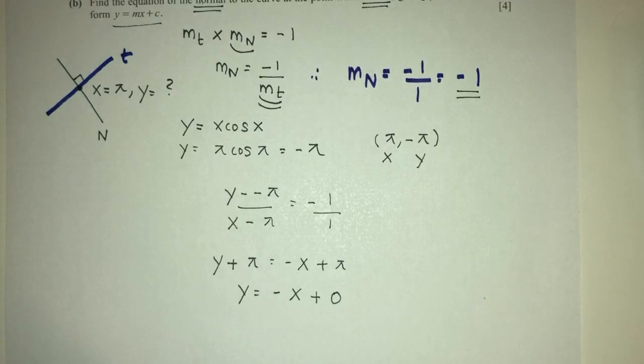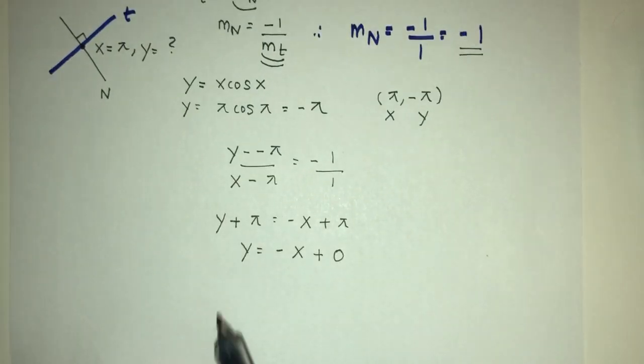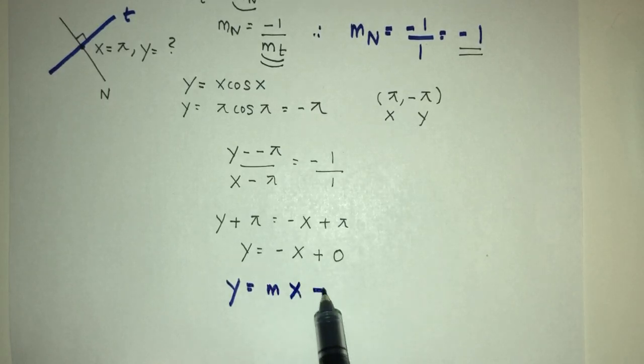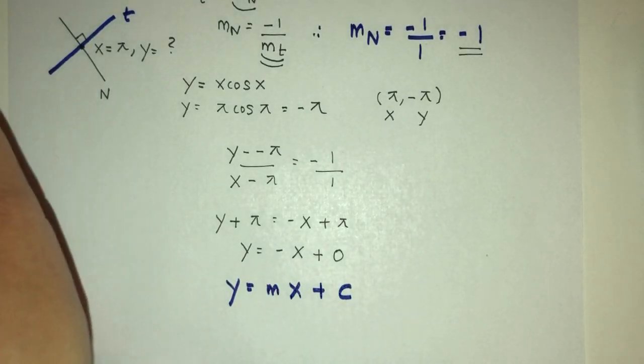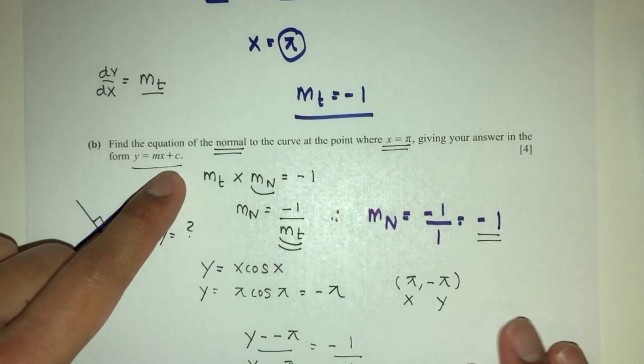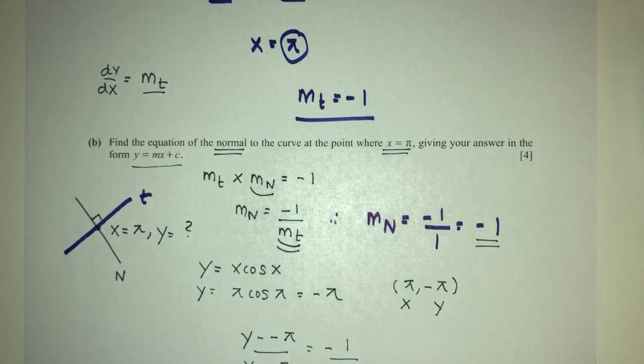Now if you observe, it looks a lot like y equals mx plus c, where m is -1 and c is 0, which is in this form. So that will be part B of the question.